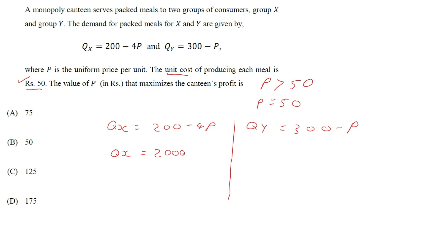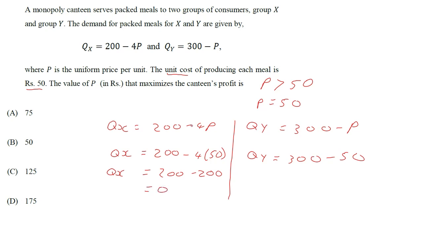Be careful. It's going to be 200 minus 4 into 50. Similarly, over here, it's going to be 300 minus 50. And what are you going to get for the quantity of X? 200 minus 200, which is 0.